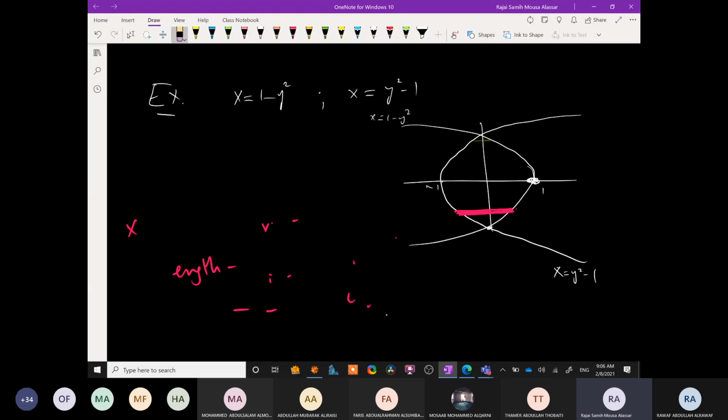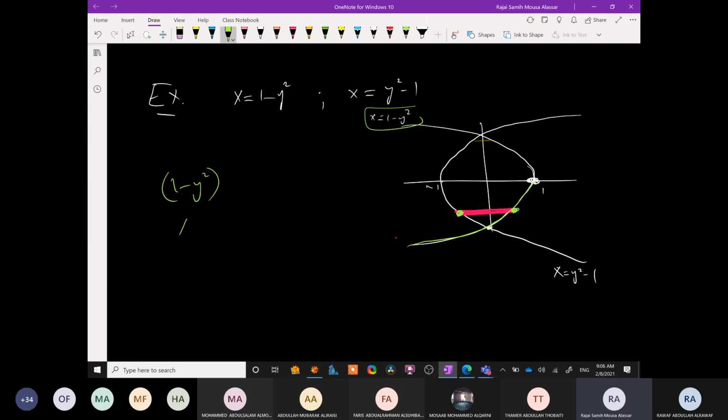All right, so I'm just going to find the length of that as right minus left. So what is the right x here, and what is the left x? The right x is 1 minus y squared.